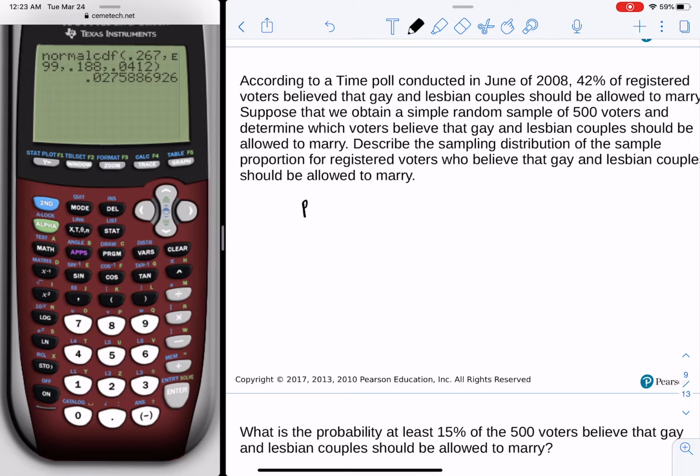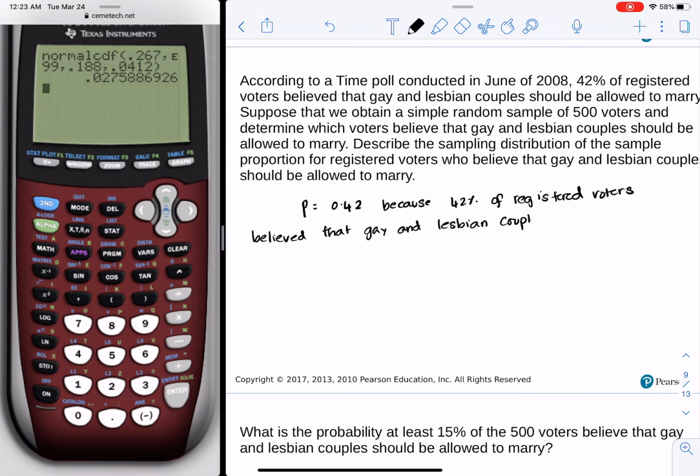So we know p is 0.42 because 42% of registered voters believed that gay and lesbian couples should be allowed to marry.